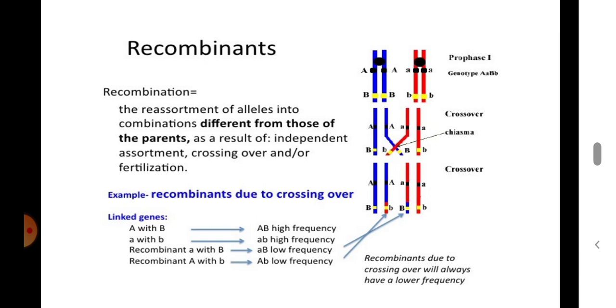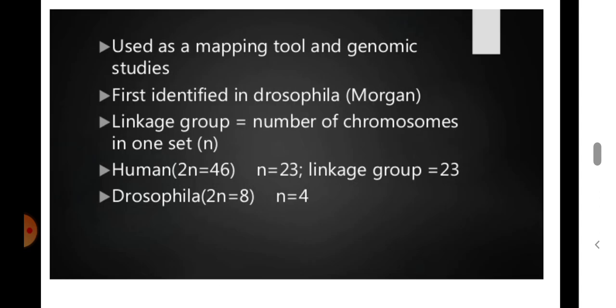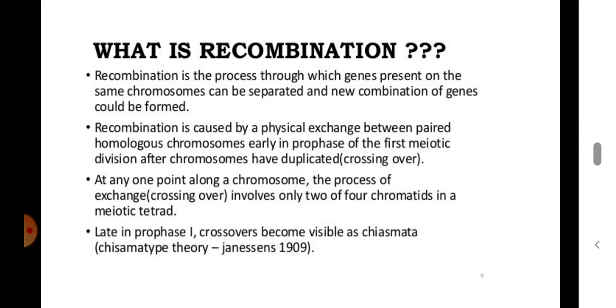The mechanism of crossing over involves breaking and rejoining of the chromosomes in a synaptonemal complex. How does a cross with two linked genes work? And what is recombination? We will study recombination in the next video.